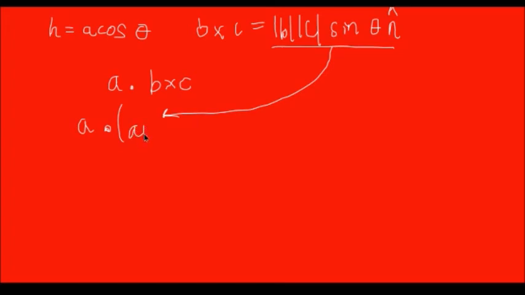So you've got a times the area of the base multiplied by the unit vector n, where n is perpendicular to b and c, and so n has the same direction as h, and this is a dot n times the area of the base.